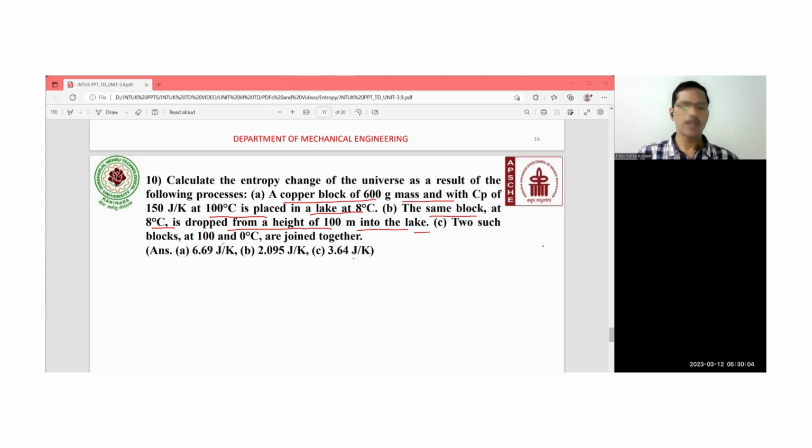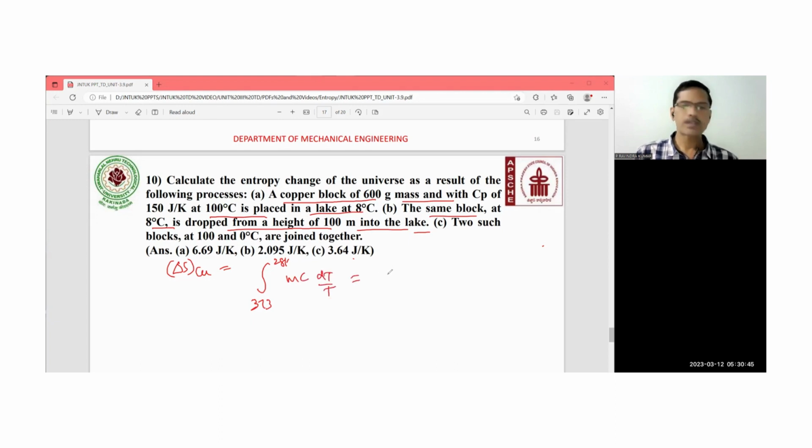The first case is the entropy change of the copper, which goes from the initial temperature of 100 degrees centigrade, that is 373 Kelvin, to the lower temperature of 8 degrees centigrade, that is 281 Kelvin, of mc dT by T.